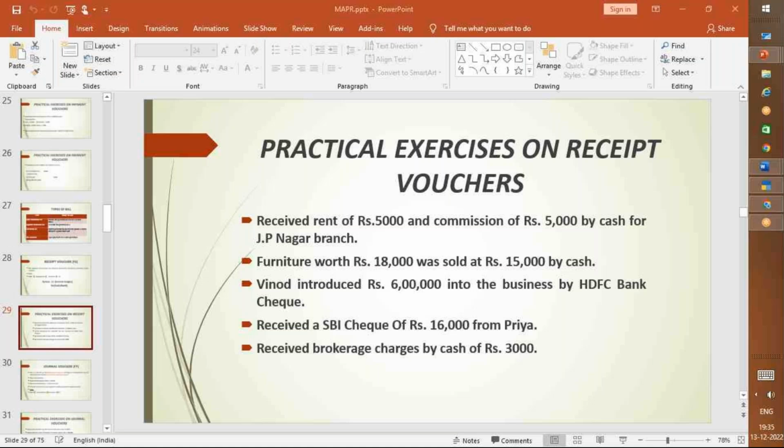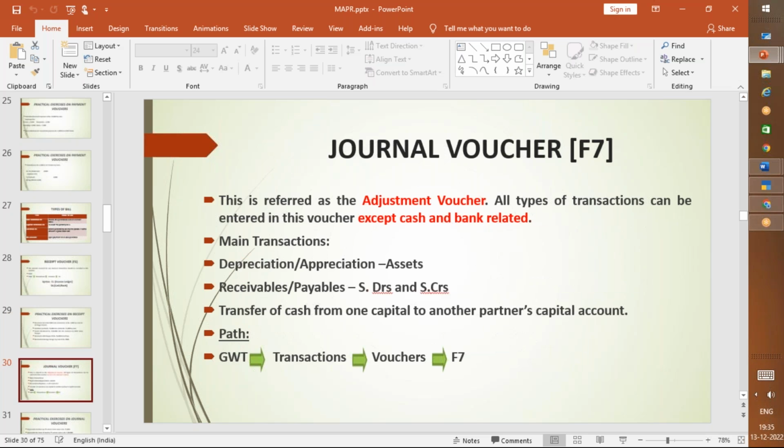Okay. So I'll just share my screen. That is called the journal voucher. It is referred to as adjustment voucher. All types of transactions can be entered in this voucher except cash and bank related.